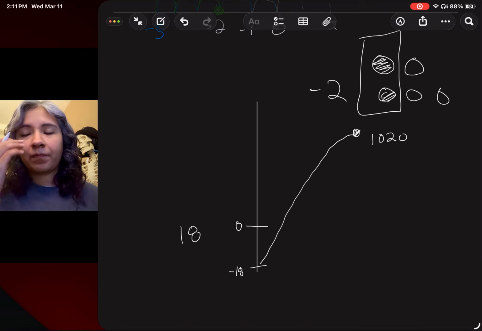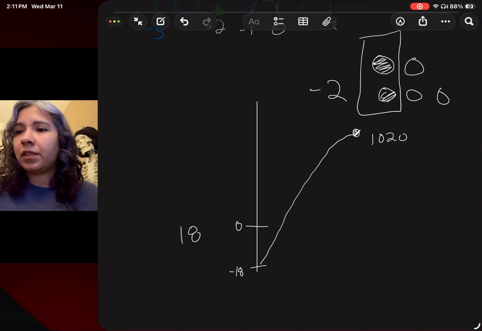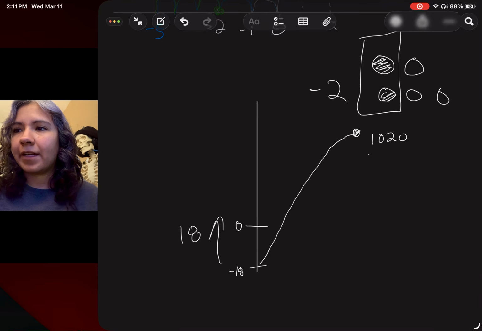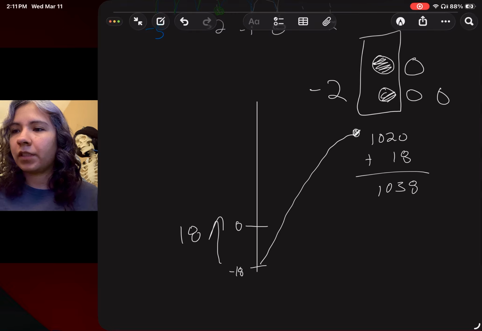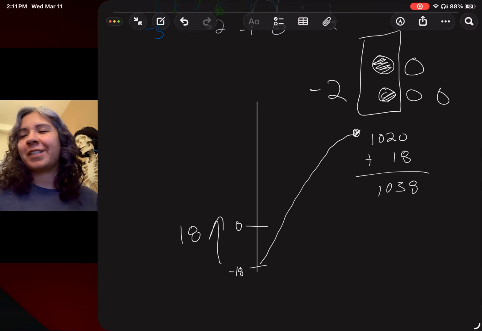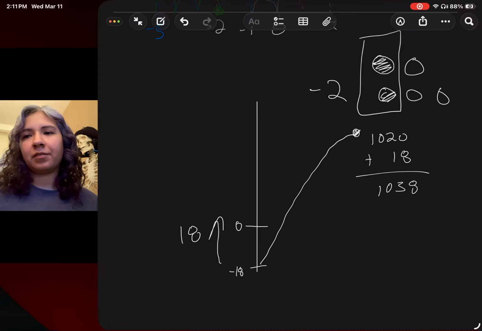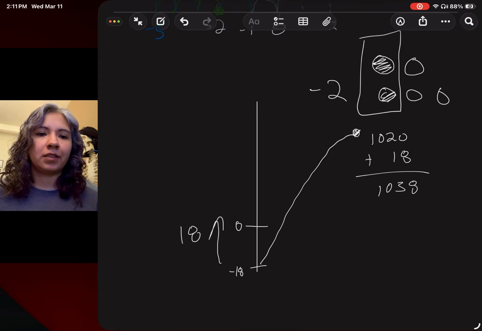Really, you already know you're going up 1,020 feet, but you're also going up this 18 feet. You're going in a positive direction. You are going up. So we're adding 18 feet here. Gives us 1,038 feet. That's to the top of wherever you climbed. So you can also do vertical number lines.